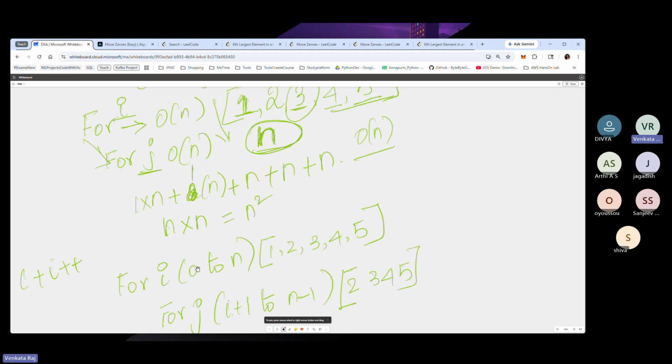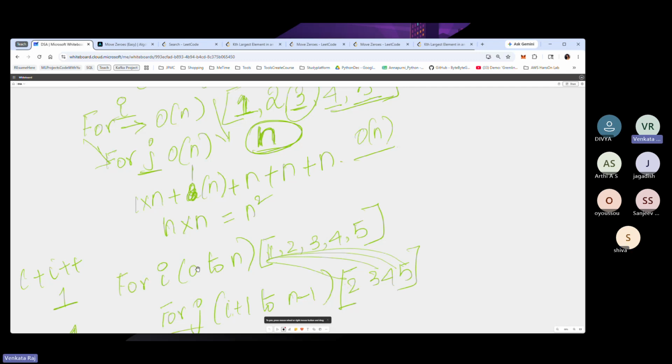So when you take one, you compare it, whatever operation you are doing. For one, the first pair is 1 and 2. The second pair is 1 and 3. The third pair is 1 and 4. And the fourth pair is 1 and 5. So how many times have you run for one particular iteration of this for loop? You are running this for loop 4 times. Correct?